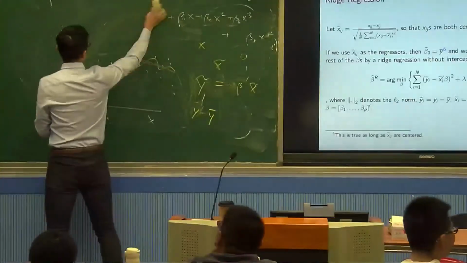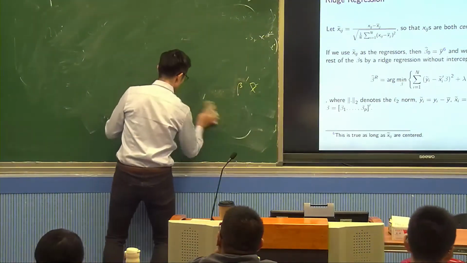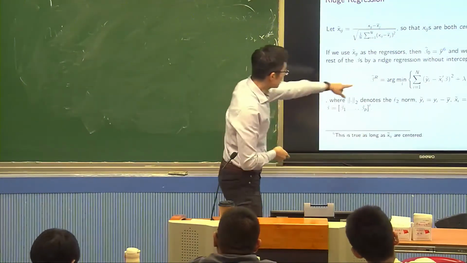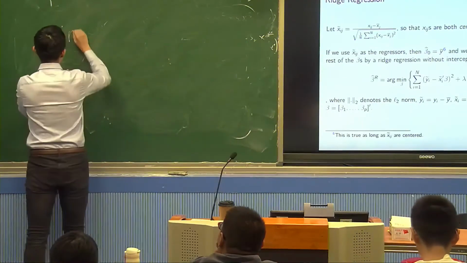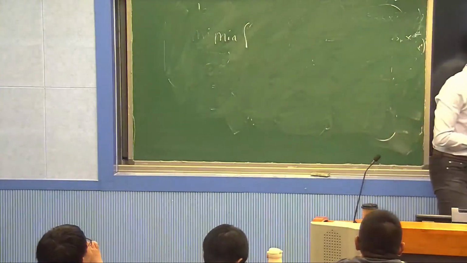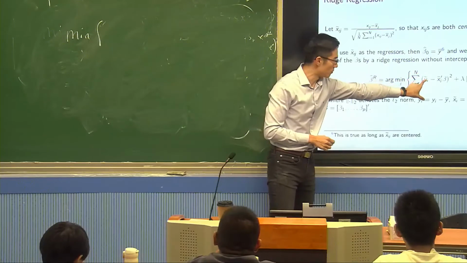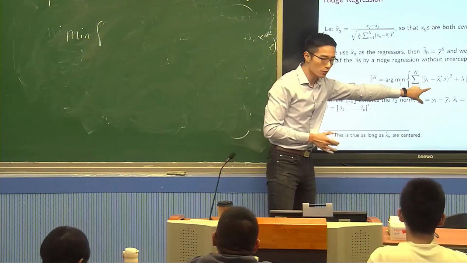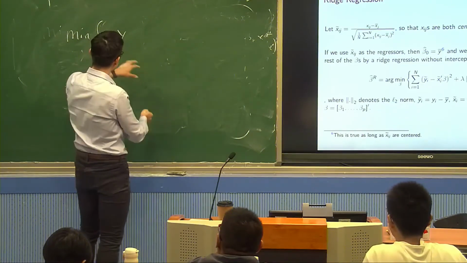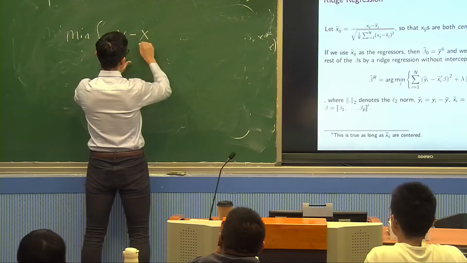How can I write this thing? What I want to do is minimize y tilde minus x tilde prime beta. So I'm going to put them into vector form. y tilde is in vector form, x tilde is in matrix form. So y is the vector of all the y tildes minus x beta.